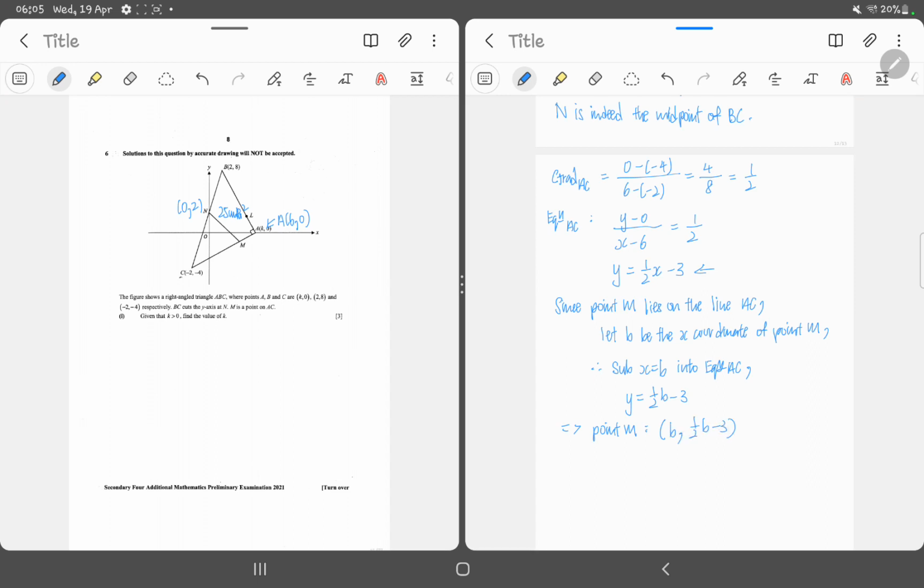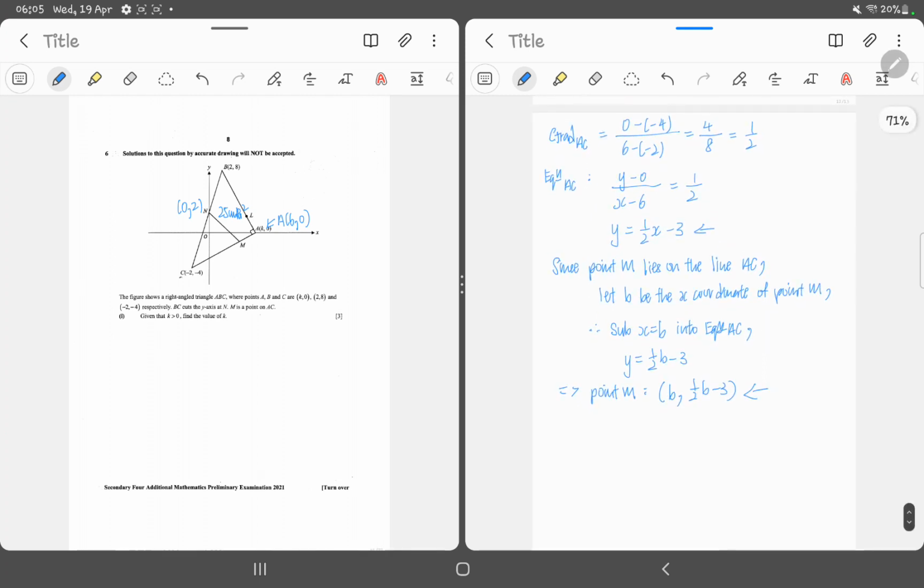So this is the part that students might not be able to figure out. You have to find the gradient of AC, and then you find the equation of the line AC. Then using the equation of the line AC, you have to come up with a way to define the coordinates of point M. You need this step. This is the trick. Without this, you cannot solve question part 3.